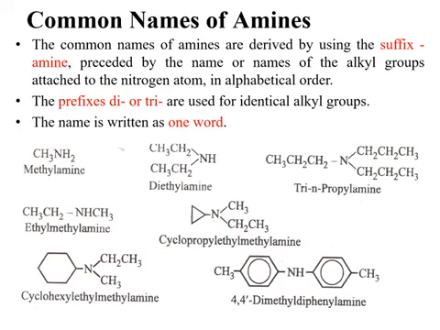Now the last line, there are some complicated examples, but no need to be worried. Just focus on the basic rules that we have discussed in the earlier part of this slide. Again, we shall focus on the nitrogen. Nitrogen is linked to different alkyl groups. At the top right, there is an ethyl group. At the bottom right, there is a methyl group, and on the left hand side, there is a cyclohexyl group.